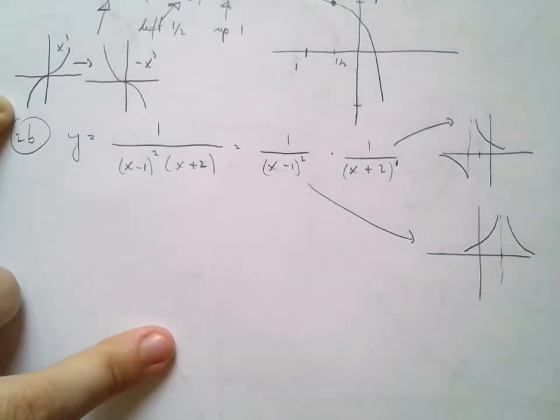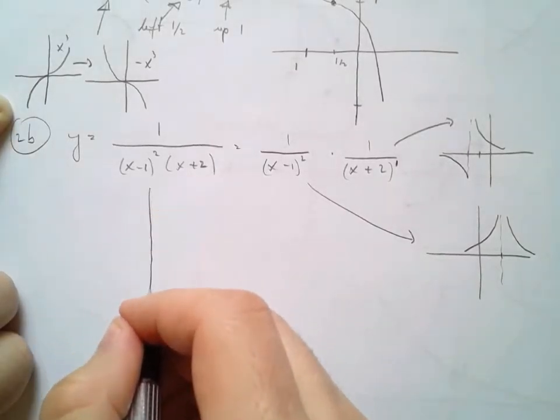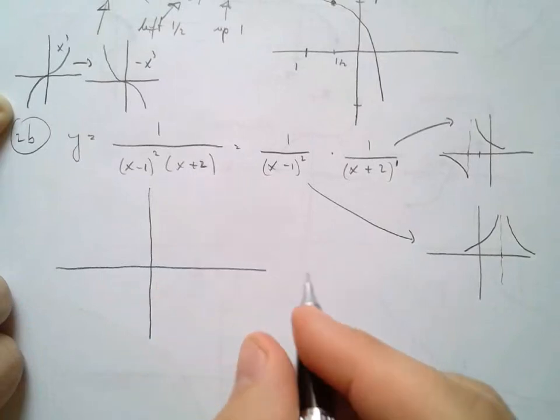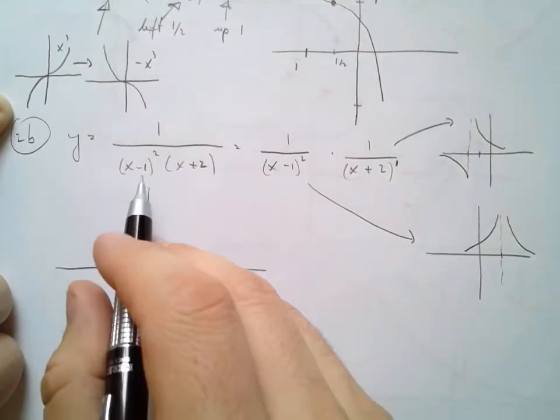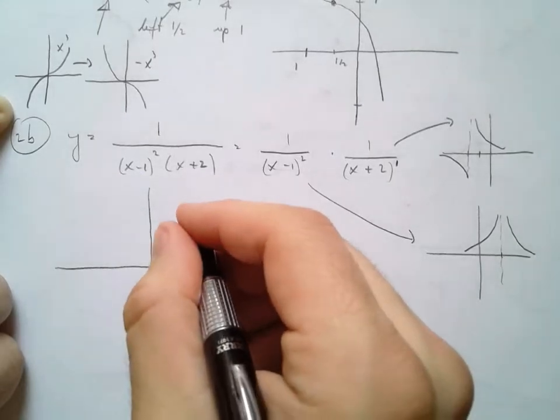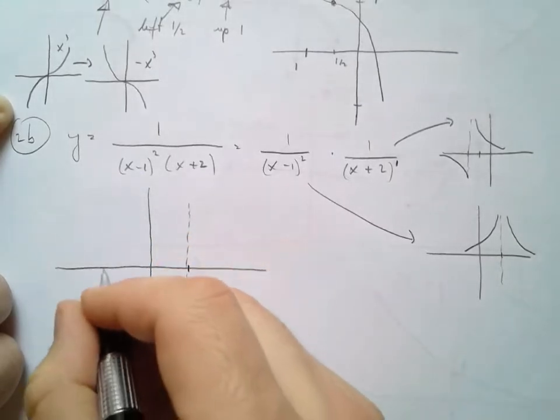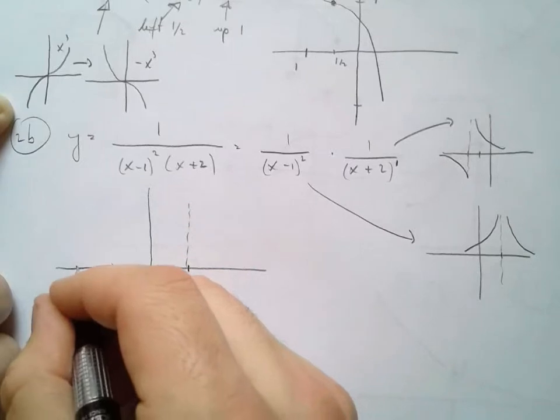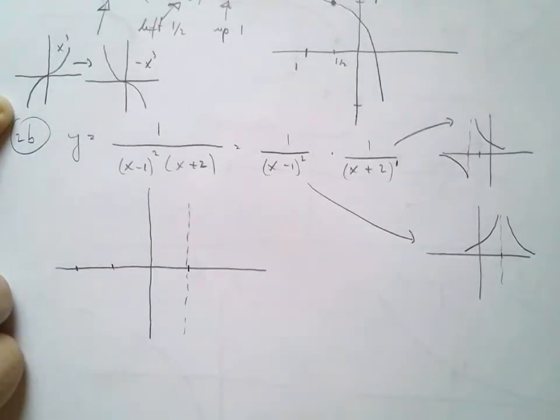So now I'm going to piece all of that information together, and I'm going to obtain the final graph. So I have, first of all, a vertical asymptote at 1. I also have a vertical asymptote at negative 2 from this one.